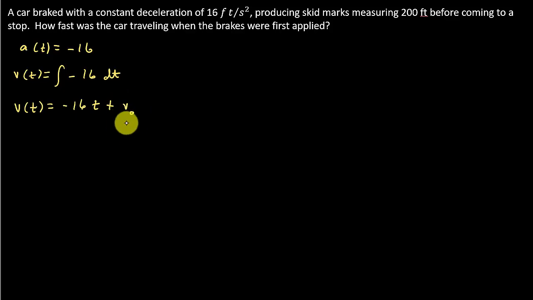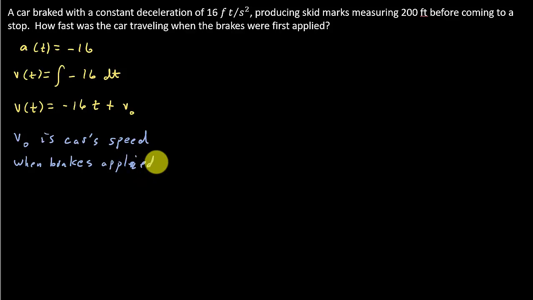Well, v0 is the car's speed when the brakes were applied.